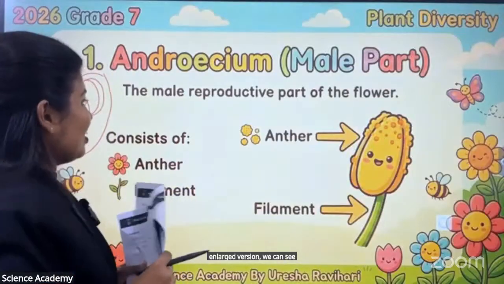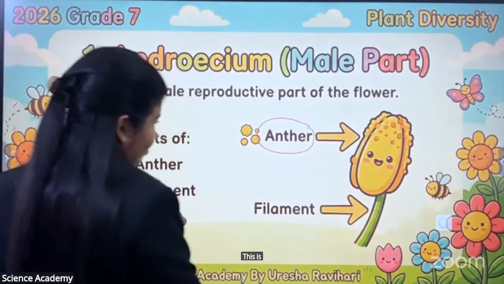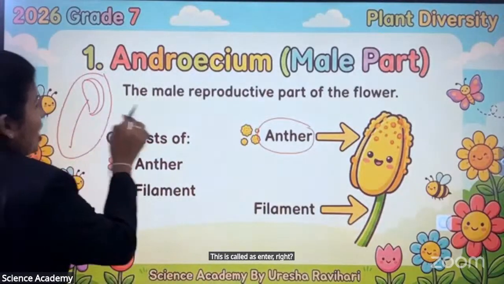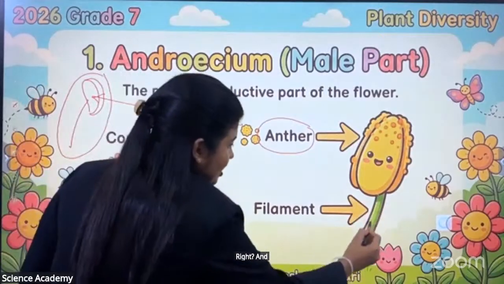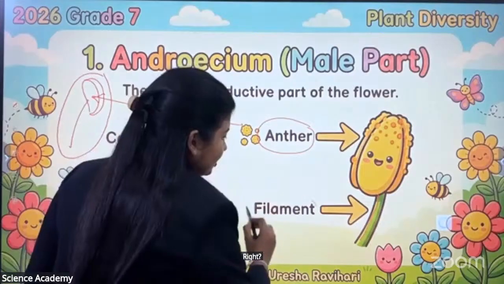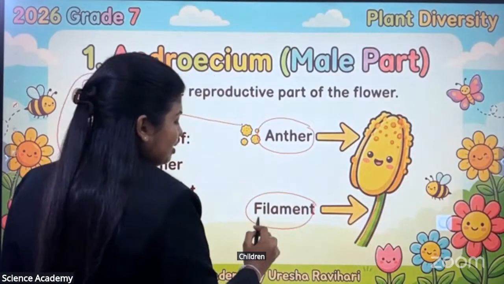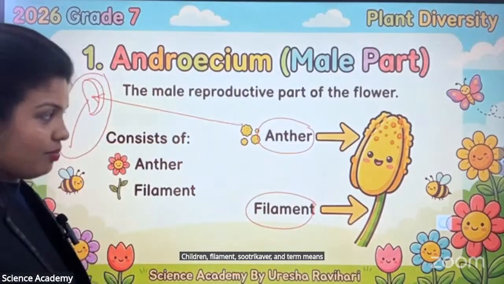Here children, this is called the anther, right? And this one is the filament. Filament, anther, right?